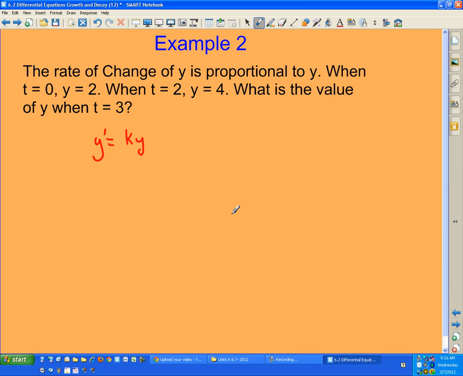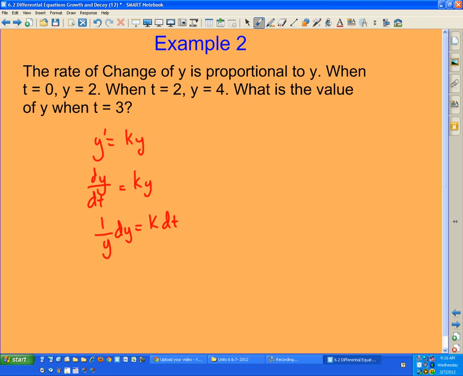If we were to integrate this and work our way through, this is going to be with respect to time, so I'm going to say y dy over dt equals ky. I'm going to divide by y, and I'm left with 1 over y dy equals k times dt.